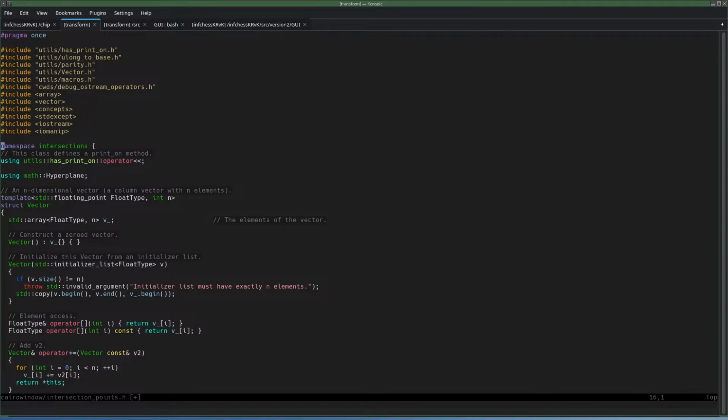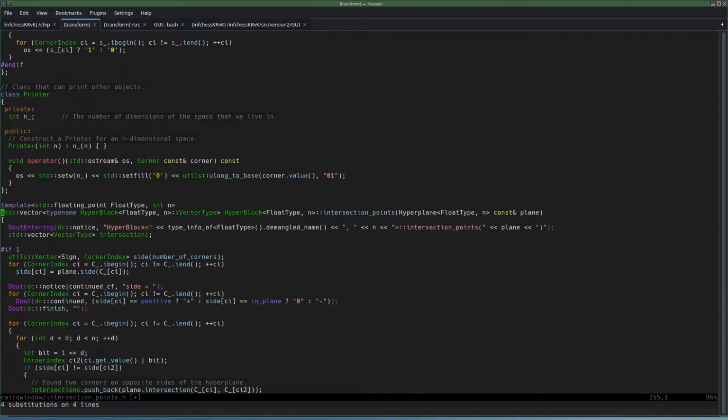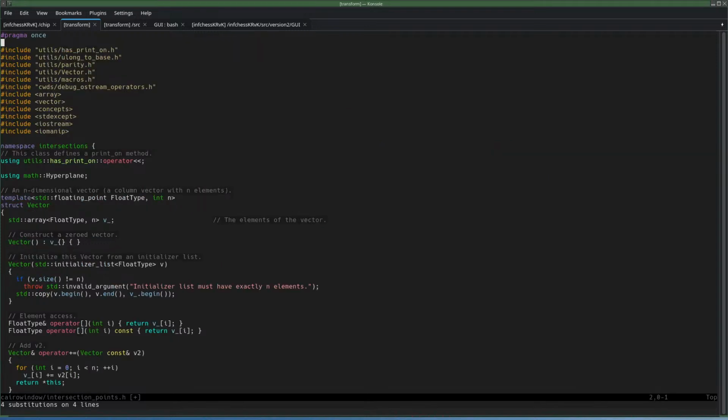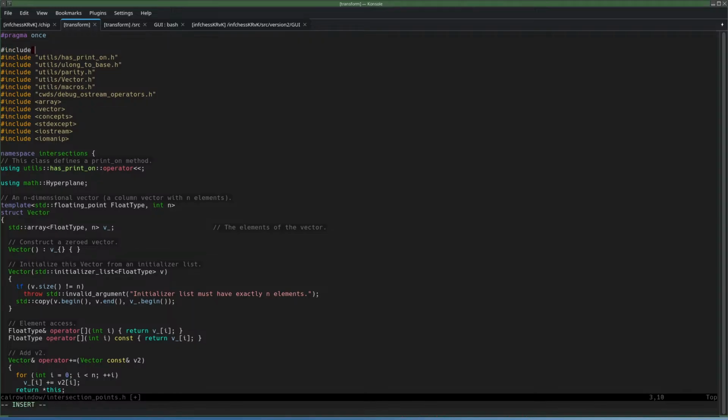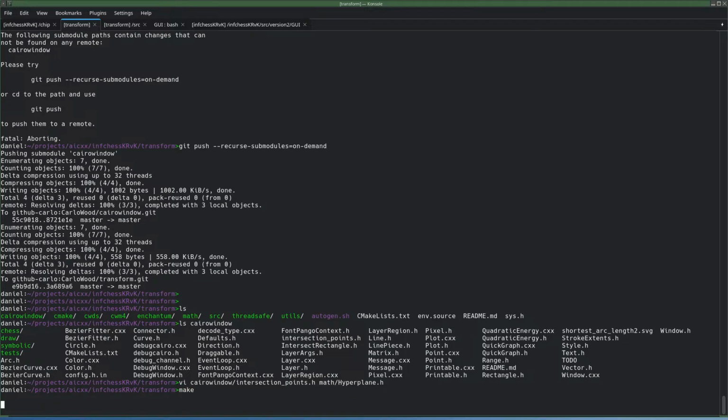Just drag it into intersections, why not? But still rename Hyperplane to Hyperplane. Yeah, I think that should already work.